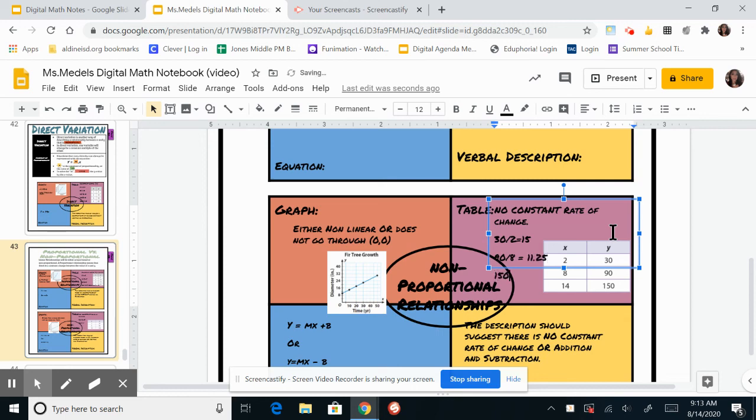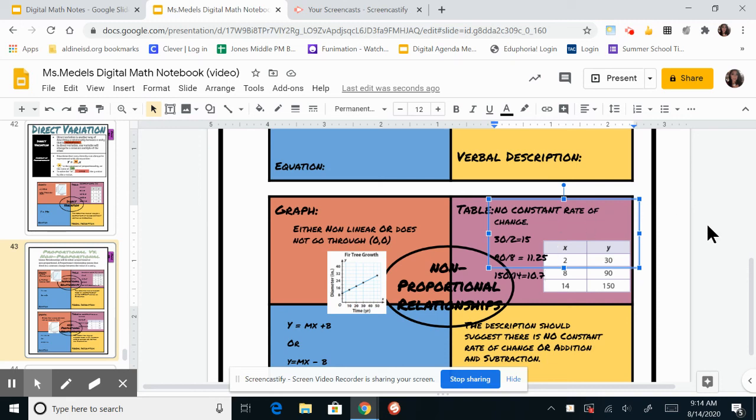If I do 150 divided by 14, I get approximately 10.7. Because all of my numbers are different, that means there is no constant rate of change.